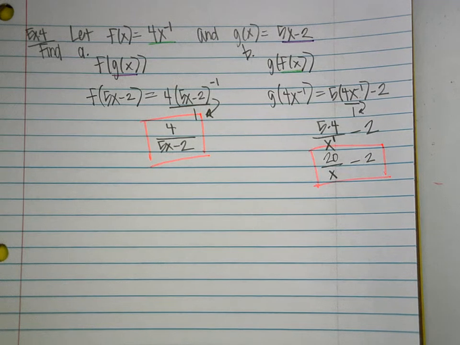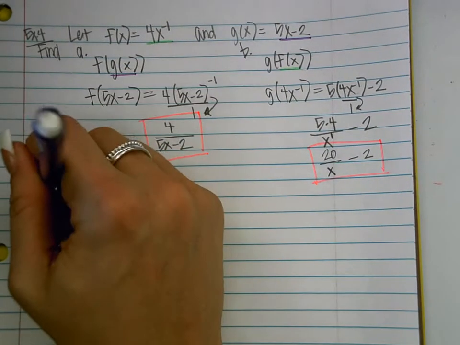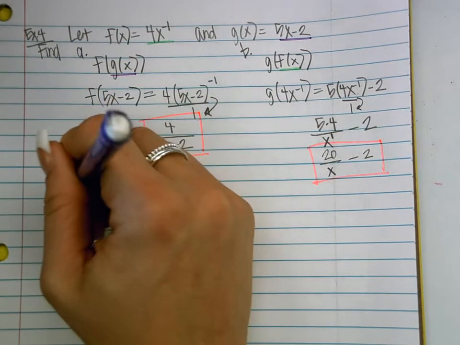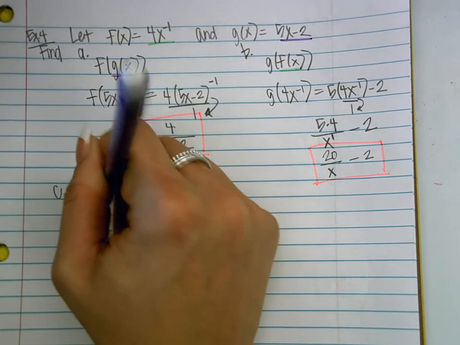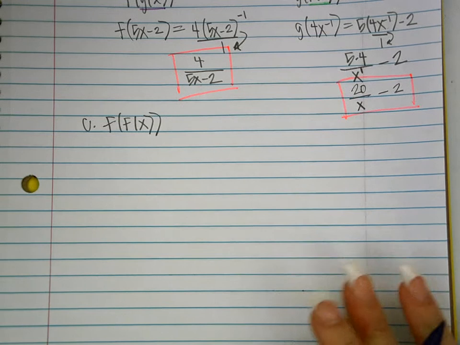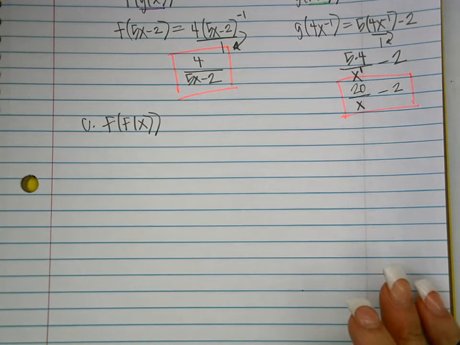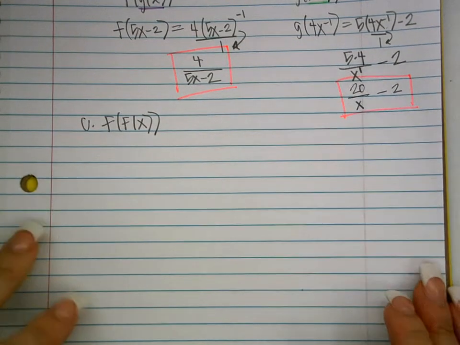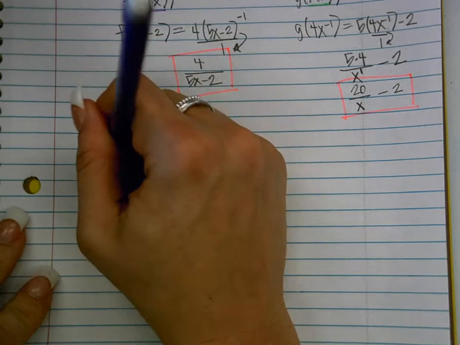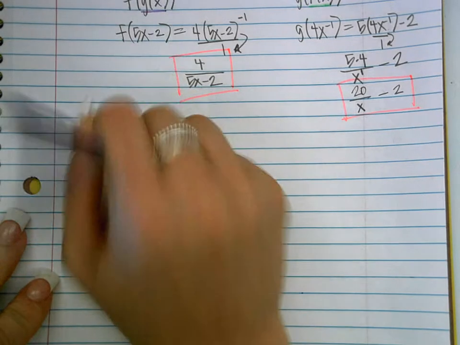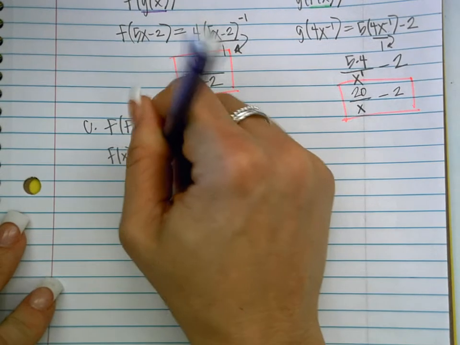Okay, last one. For C, I would like you to find f of f of x. So again, we're going to plug in basically the same equation 2 times. So you know that f of x is equal to 4x to the negative 1.